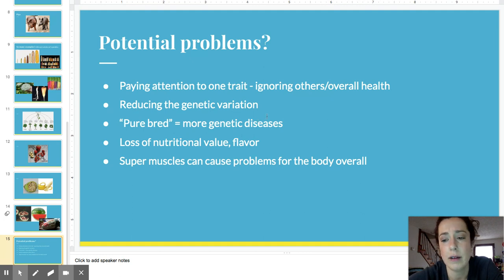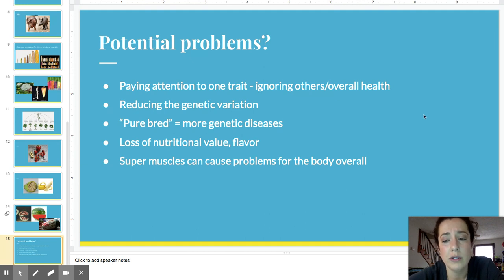You probably heard about problems with purebred dogs where they might have different issues with like skin or hips or breathing problems. So kind of the idea of you could have recessive genetic conditions pop up more often if you have fewer genetic variation that you're working with.